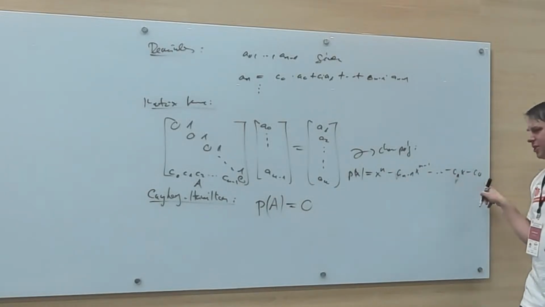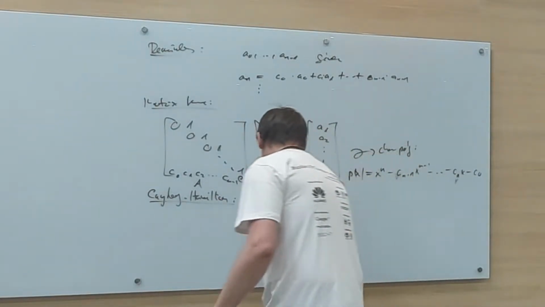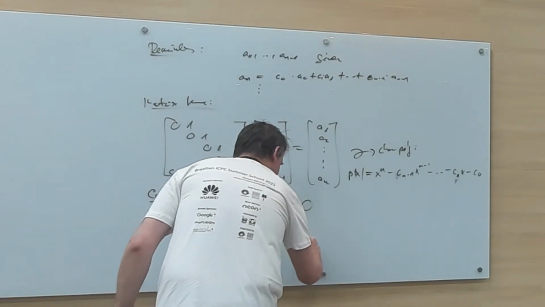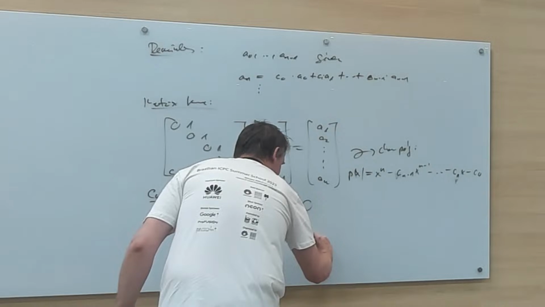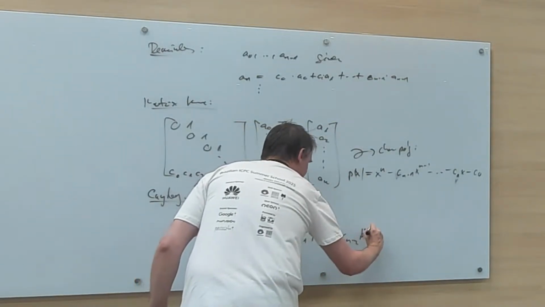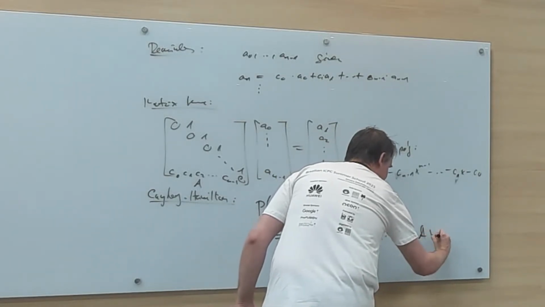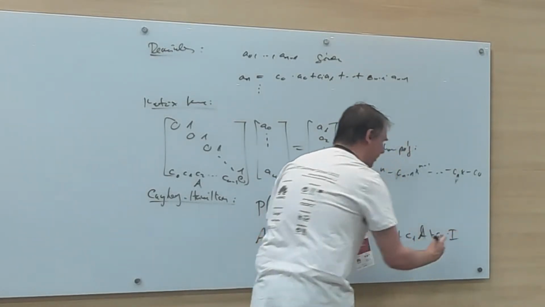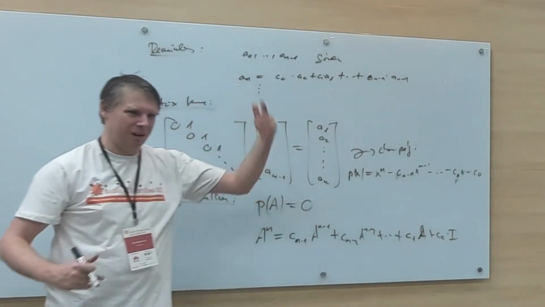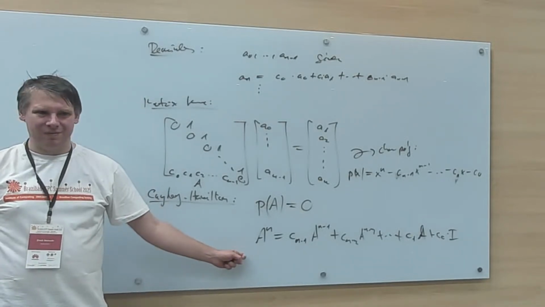If you rearrange, moving everything which is negative to the other side, it is something like this: A to the power of n equals Cn minus 1 A to the n minus 1 plus Cn minus 2 A to the n minus 2, and so on, C1 A plus C0 times, well, for the constant term you always have to consider the identity matrix. It's like the 0th power of A. Right? Okay, so this is the relation that we get.